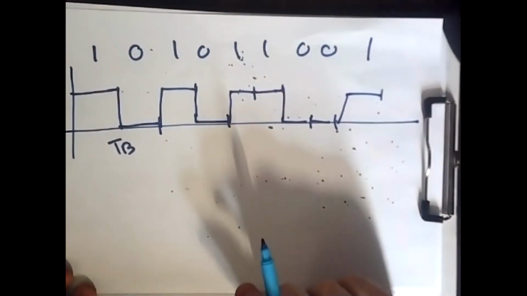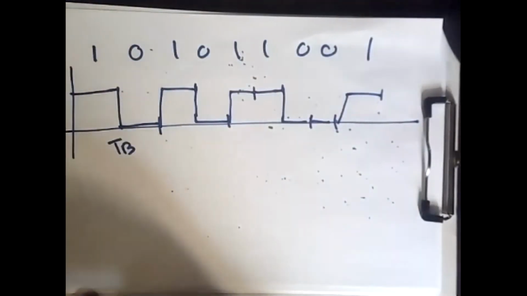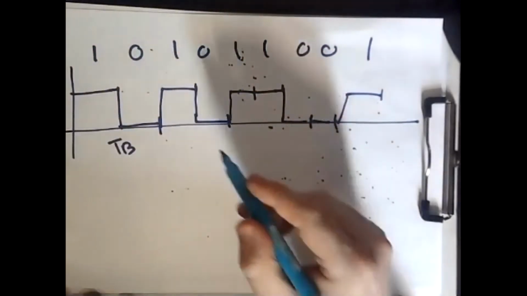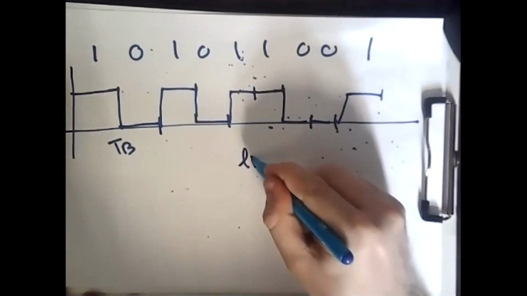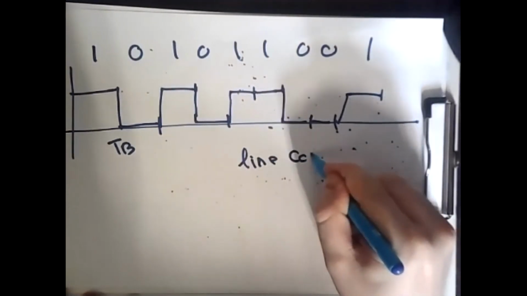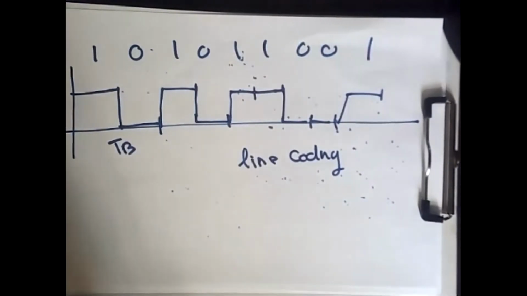However, this is not the only way. We have different techniques that can be used to represent this stream of bits. What we call line coding. So line codes are the different codings used to represent a binary representation.